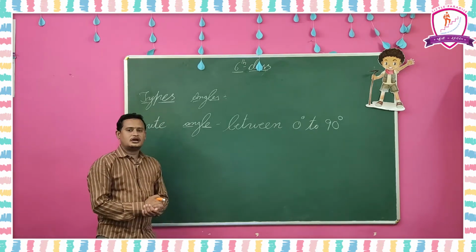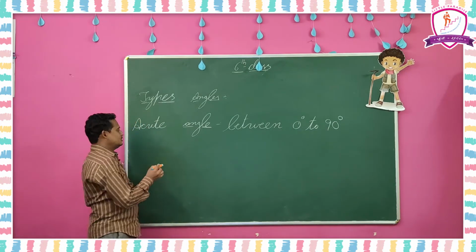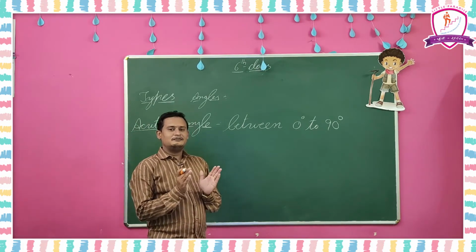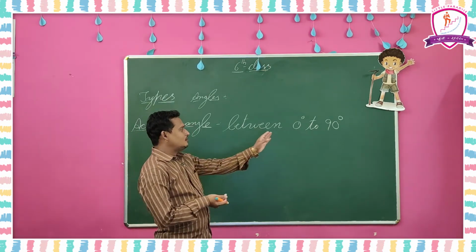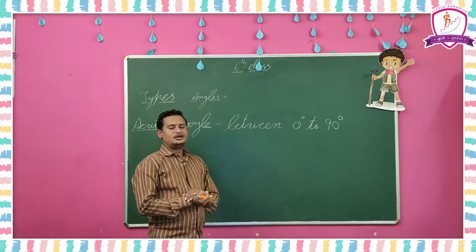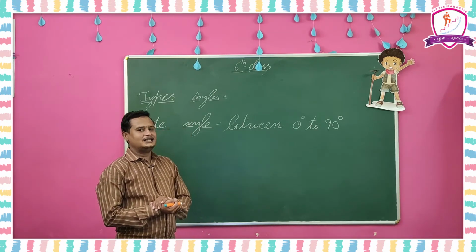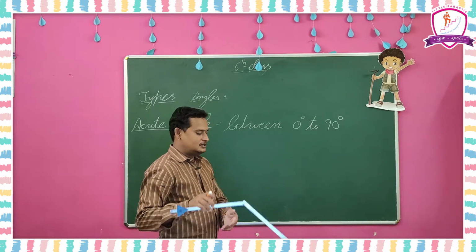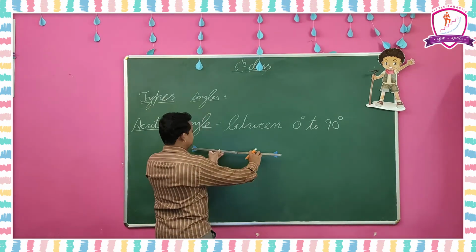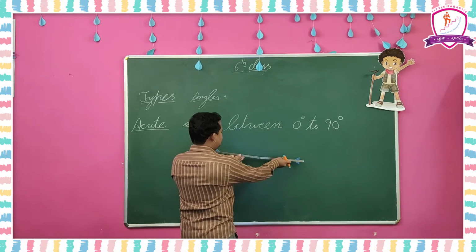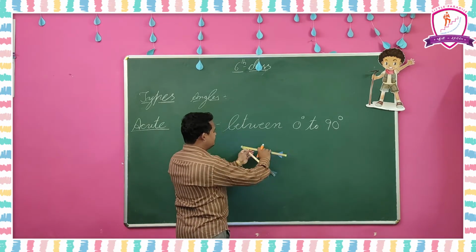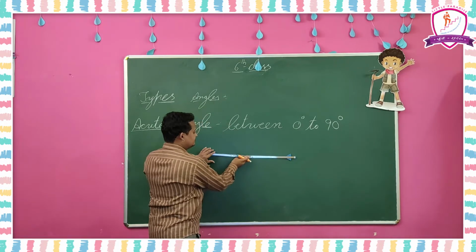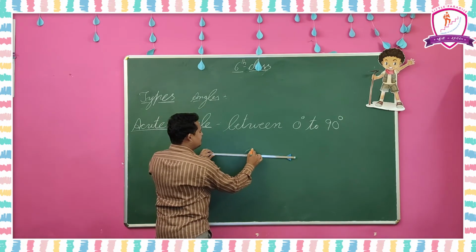Okay, next. Coming to the next one, that is the acute angle. An acute angle is an angle measured in between 0 to 90. Already we know that 90 is a right angle. If we observe this, we already discussed that here it is the complete angle, and here the straight angle, where the angle is 180 degrees.